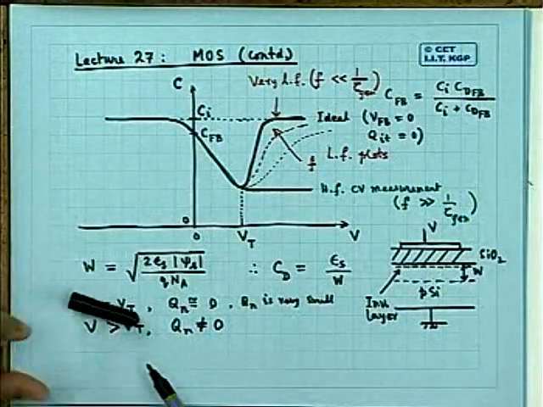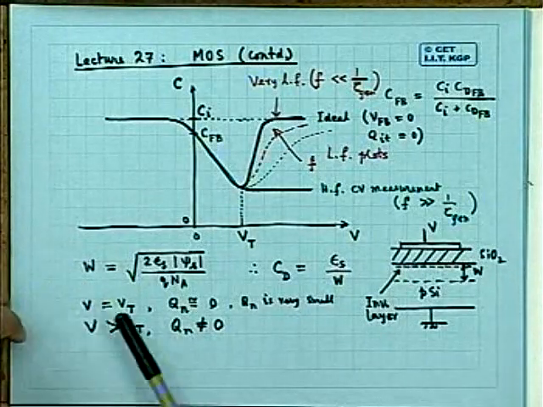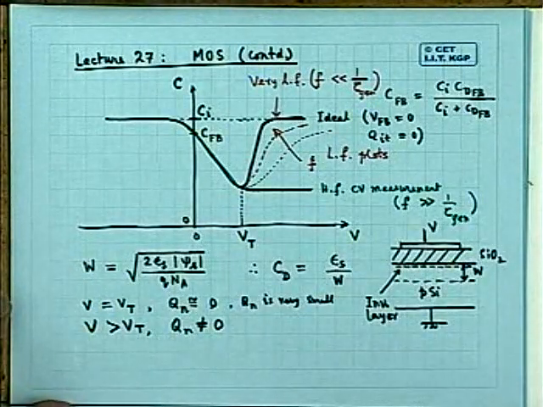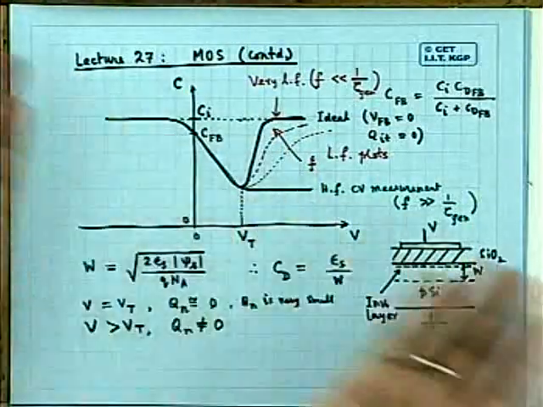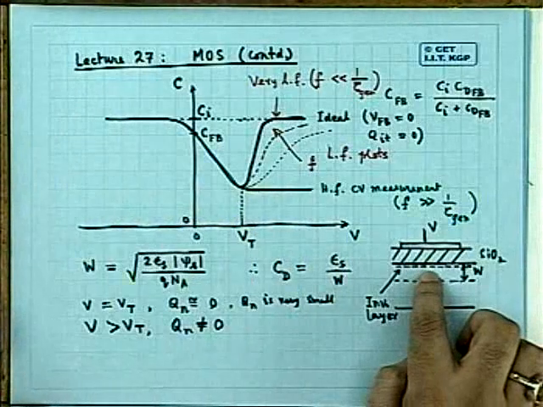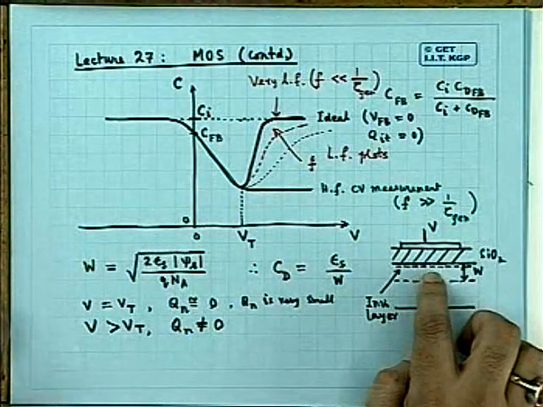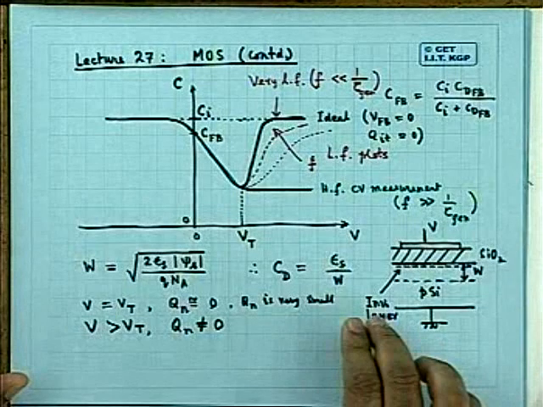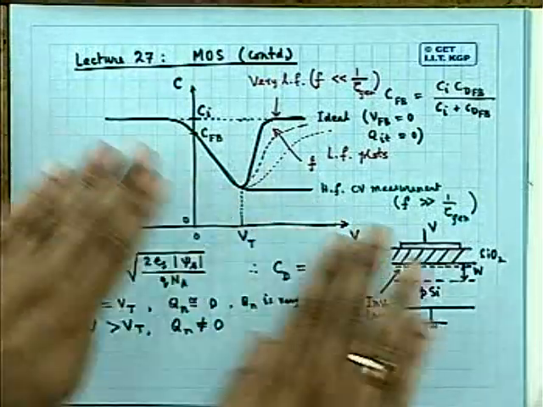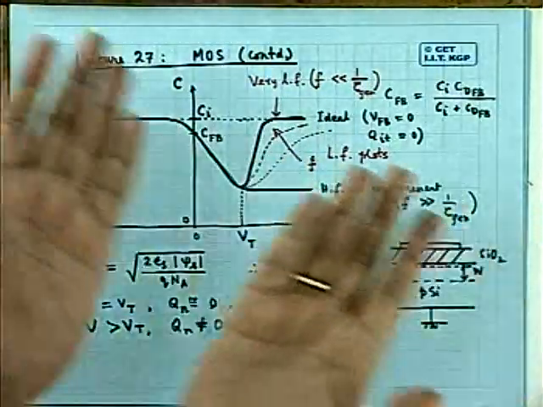And when your applied voltage is reasonably more than Vt, this electronic sheath which is formed is highly conducting. The effective number of electrons here may be around 10 to the power 19 per centimeter cube or even more. So effectively you are creating almost a metallic sheath, a thin metal film, a highly conducting film just below this oxide.